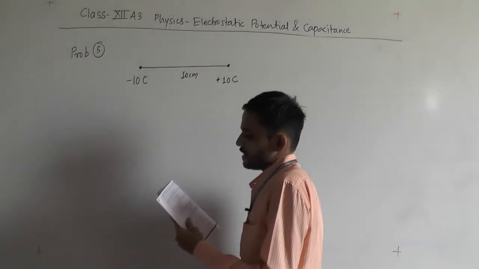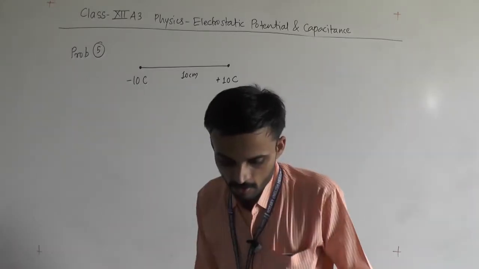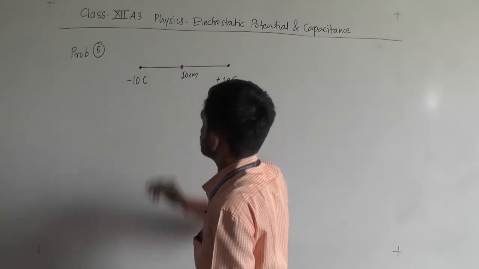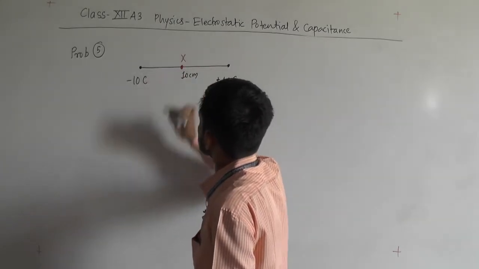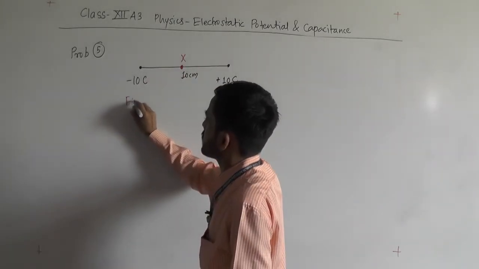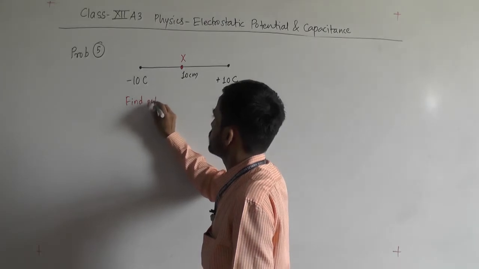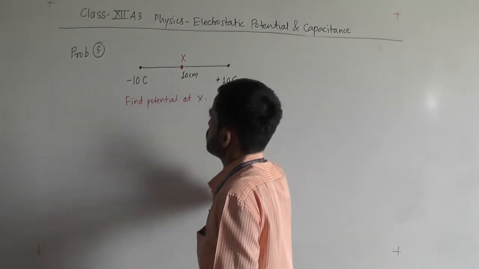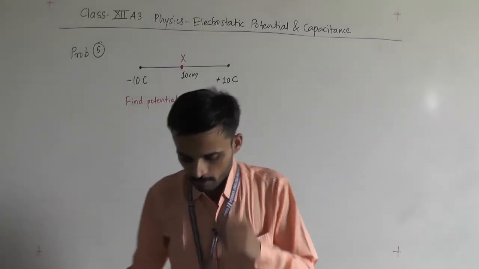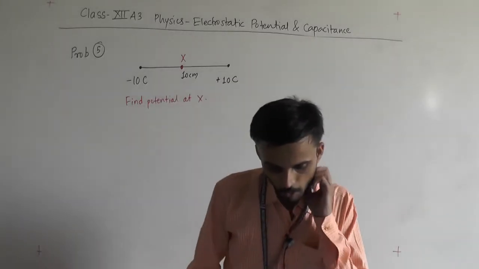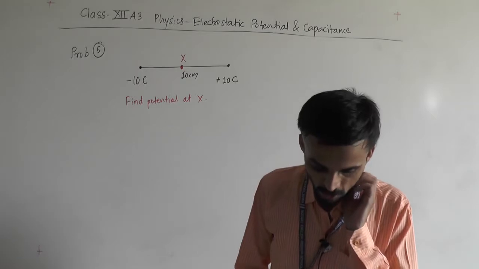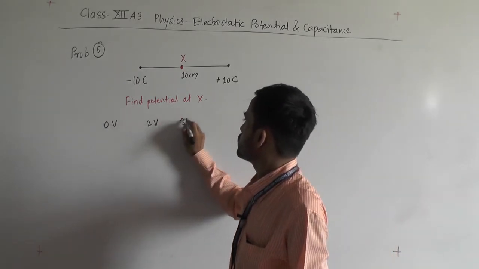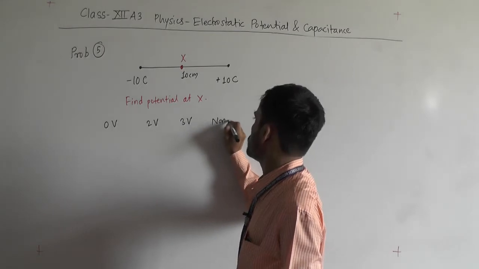Find the potential at the center of the line joining the two charges. So this is, suppose, x. Find the potential at x. The options given are 0, 2 volt, 3 volt, none of these.